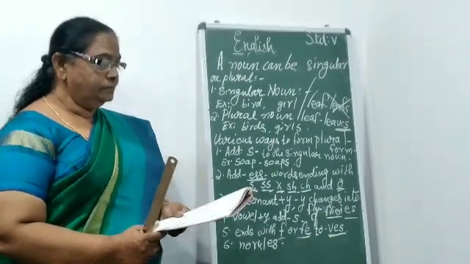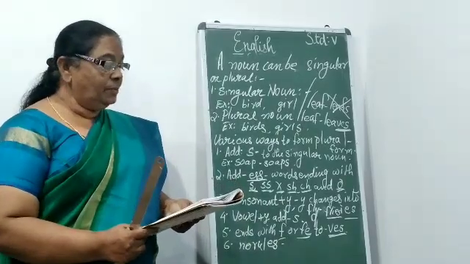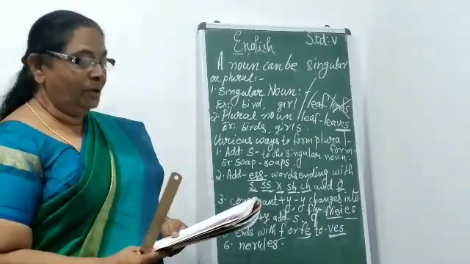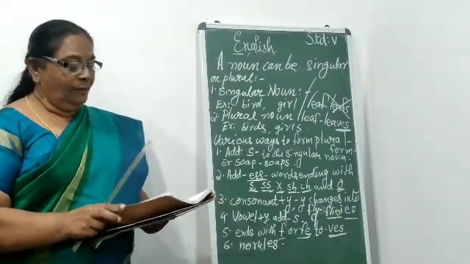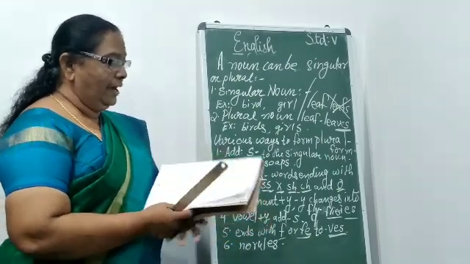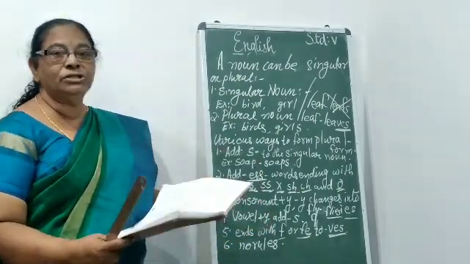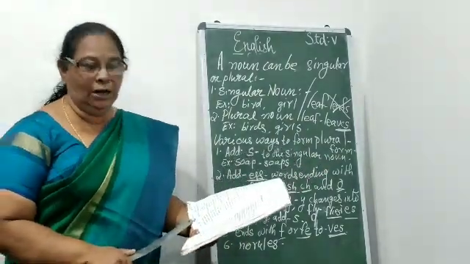Then, coming to the last rule, some nouns have the same form in singular and plural form. Okay? When we learned about the seventh rule, I told you that some words we will use for singular and plural forms, the plural form only.